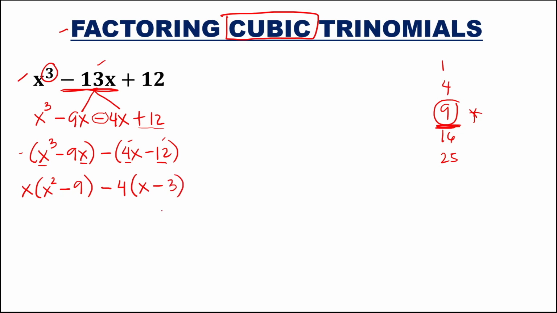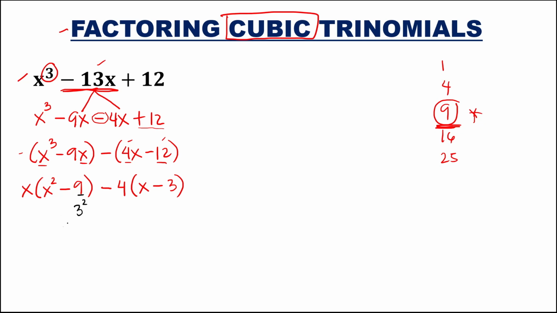So this becomes 3. Then to simplify, observe this x squared minus 9. Since 9 we can rewrite as 3 to the power 2, we now have the difference of two squares.